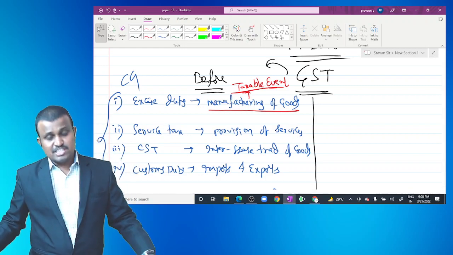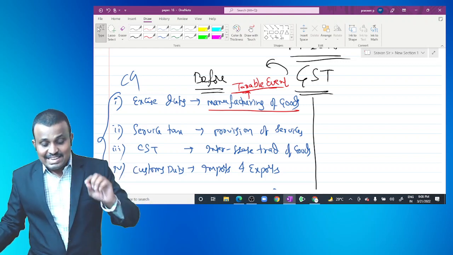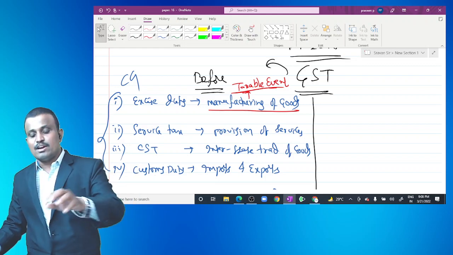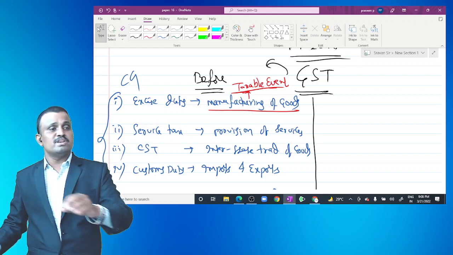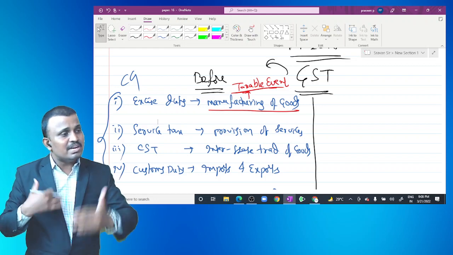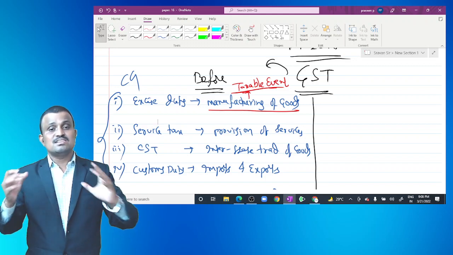Service tax is levied by showing one activity called provision of services. CST is levied based on interstate trade of the good. Customs duty is levied based on imports and exports. So the activity based on which the tax liability is created by the government is said to be a taxable event.